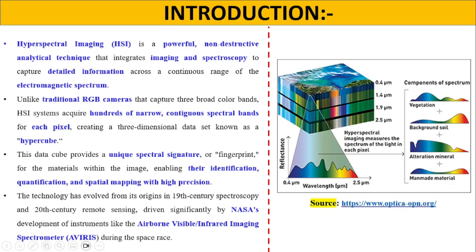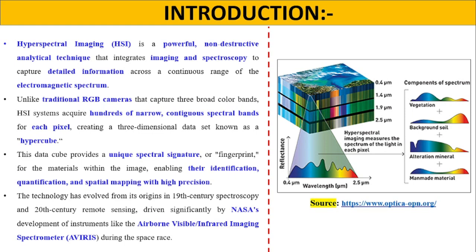As you can see in this image, this box is called a hypercube. Why? Because it gathers the spectra from all the pixels of the image, collates them, and finally creates a 3D space called a hypercube, which is basically the unique spectral signature.